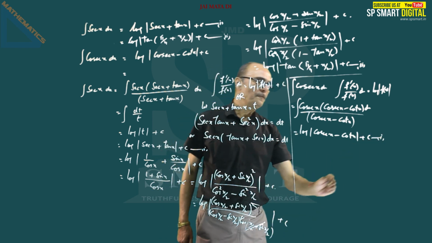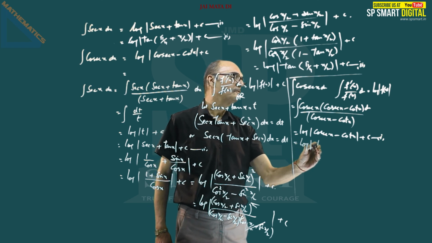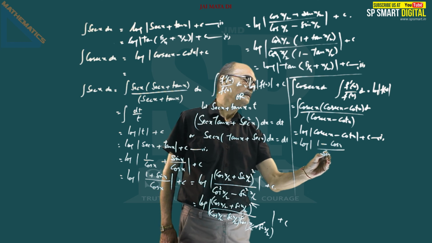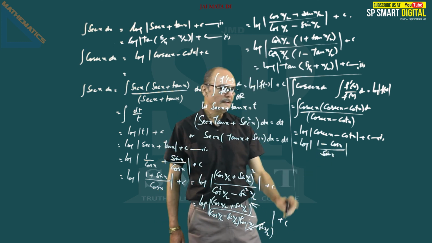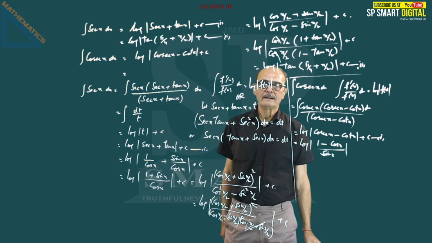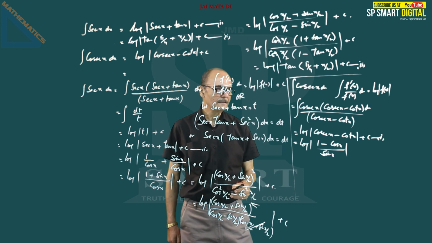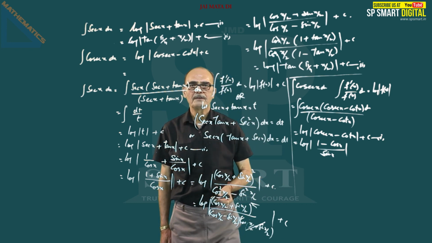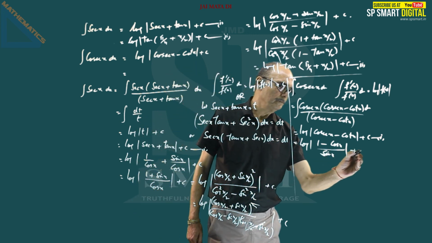To obtain the second form, we change this into sin and cos: cosec x is 1 by sin x and cot x is cos x over sin x. Take the LCM as sin x, and the numerator you get is 1 minus cos x, plus c.